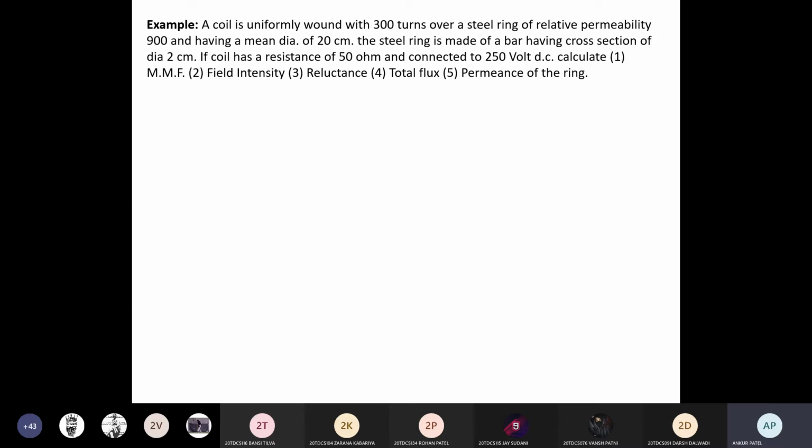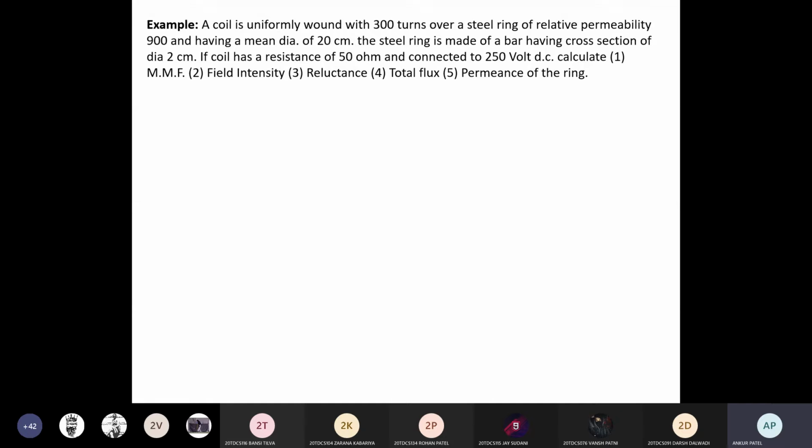Tell me the answer in meter. L is equal to 0.628 meter.